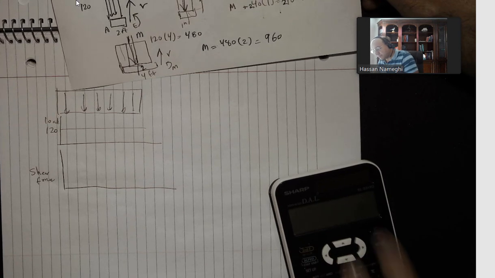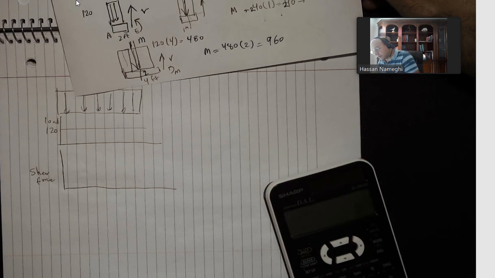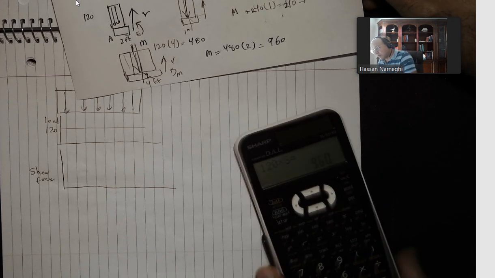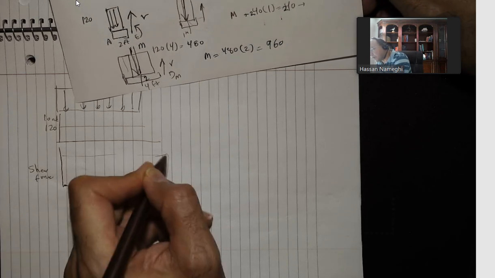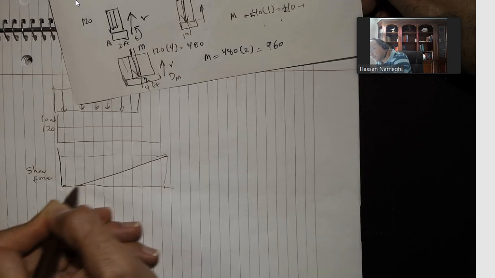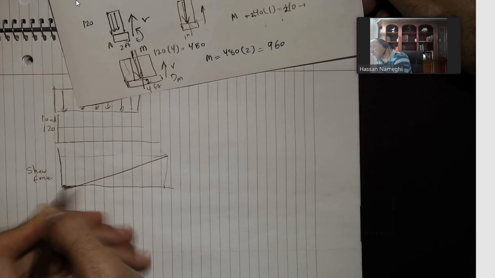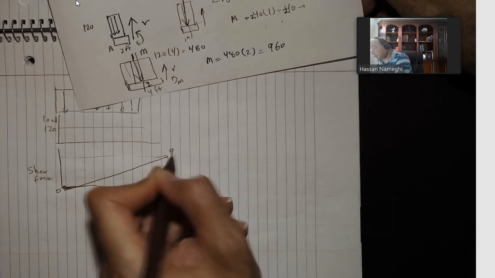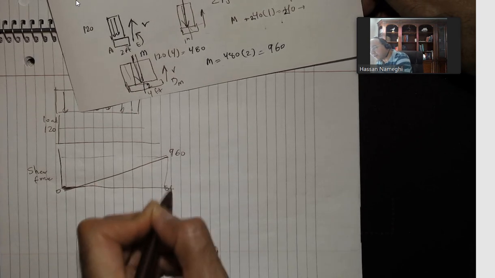If you put x at the end, 8, so 120 times 8, it will be 960. At the beginning it is 0, because your x is going to go from 0 to 8. So that's how the shearing force looks, starting from 0, reaching 960 at the distance of 8 feet.